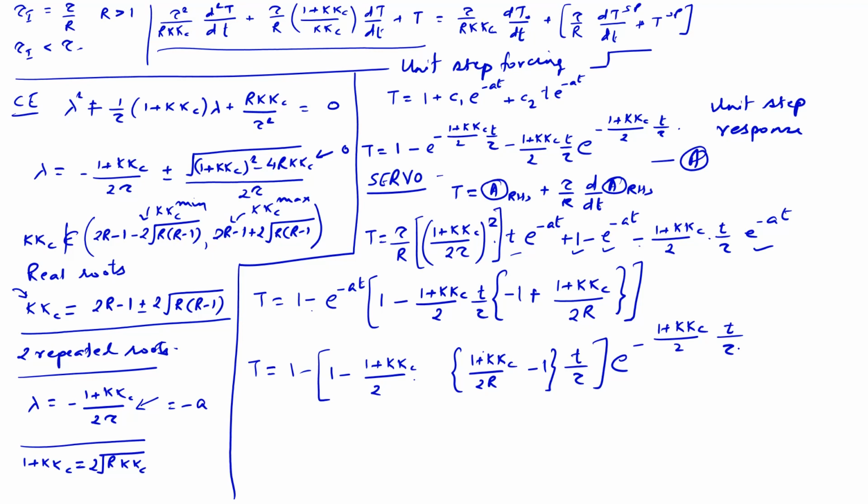And if I substitute the value of KKC over here and do the necessary algebra, what we will get is T is equal to 1 minus, you see, 1 plus KKC by 2 is going to be r plus minus square root of r times r minus 1, the 2 will cancel out.